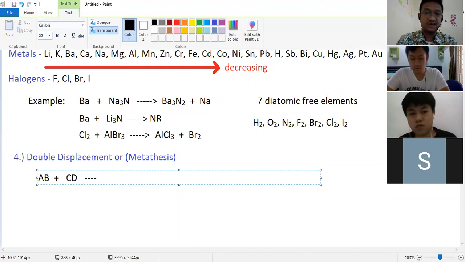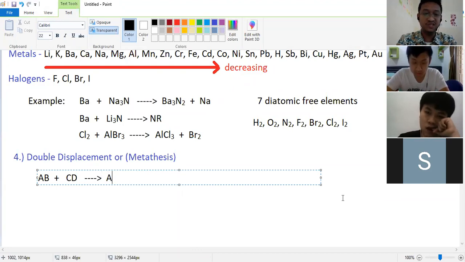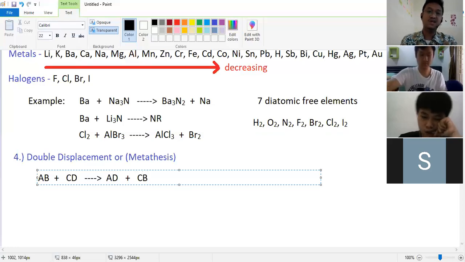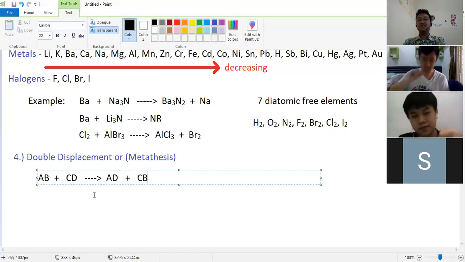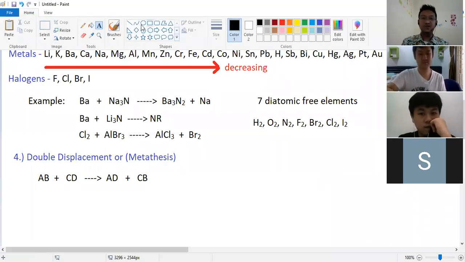When they react, A will join D, and then C will join B. So this is the pattern: AB plus CD yields AD plus CB. For you to easily remember, it only goes like this.